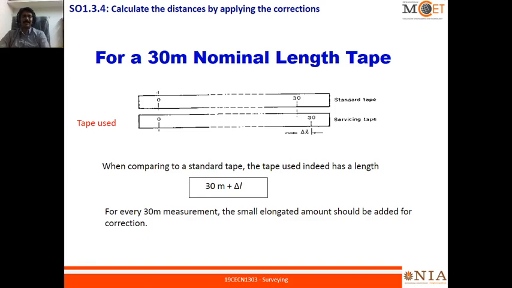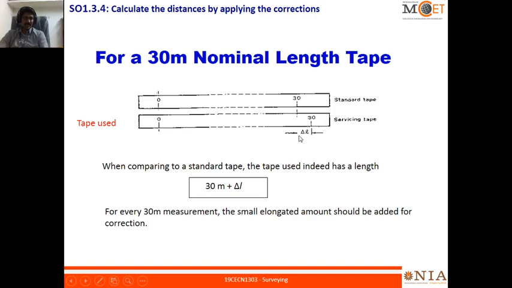How can the standard length and the erroneous length be checked? This is the standard length when it was marked, and we keep on using the chain. If we start measuring before starting a survey, it may get short or it may get elongated.